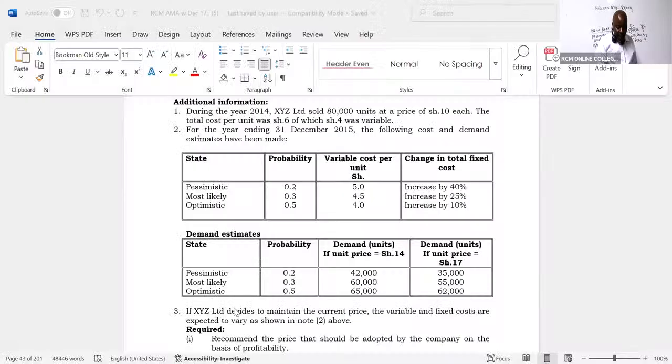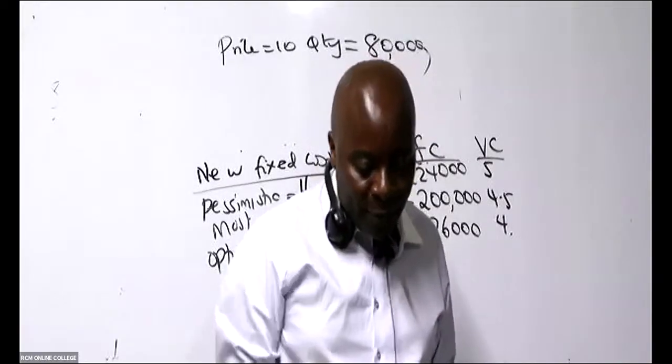If XYZ Limited decides to maintain the current price, the variable and the fixed costs are expected to vary as shown in note 2 above. And there is nowhere they're giving us information about this 80,000 quantity varying. So not a problem, ladies and gentlemen. We are wise people. We shall provide the 3 profits.